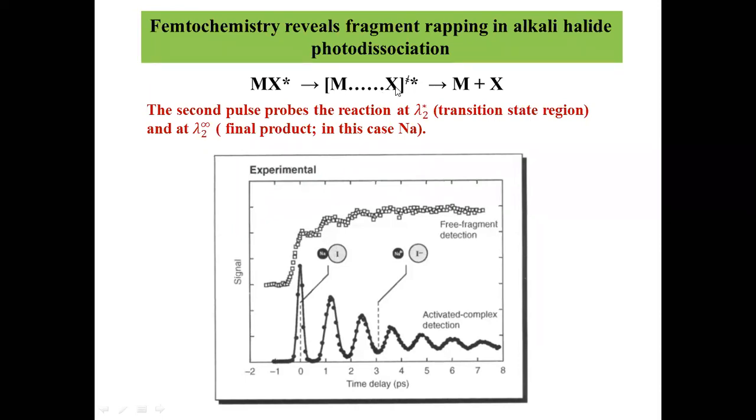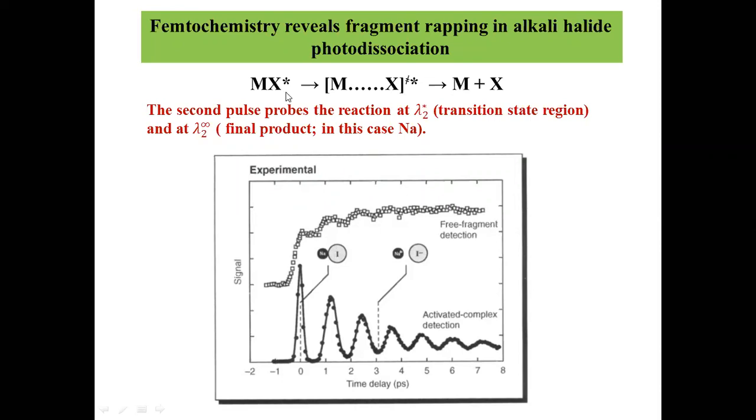It's not completely fragmented, but this is a transition state type structure. So the bond is getting elongated, and then finally it is going to be completely broken. So what we'll try to do is identify these transition states, and also when it is getting completely fragmented.